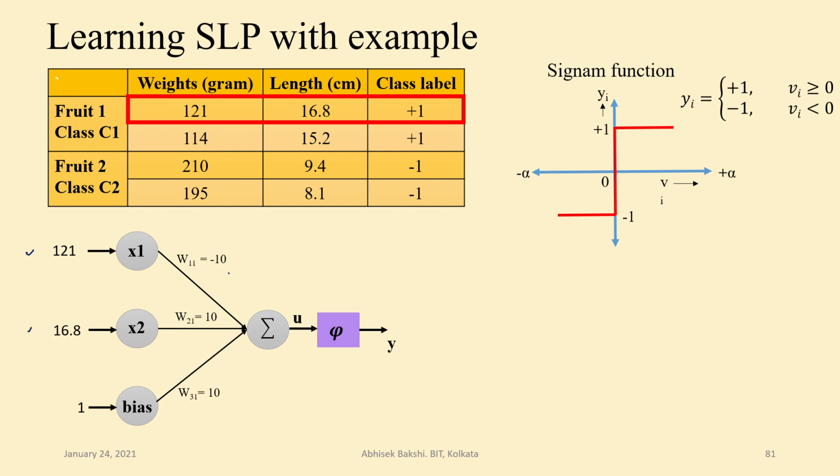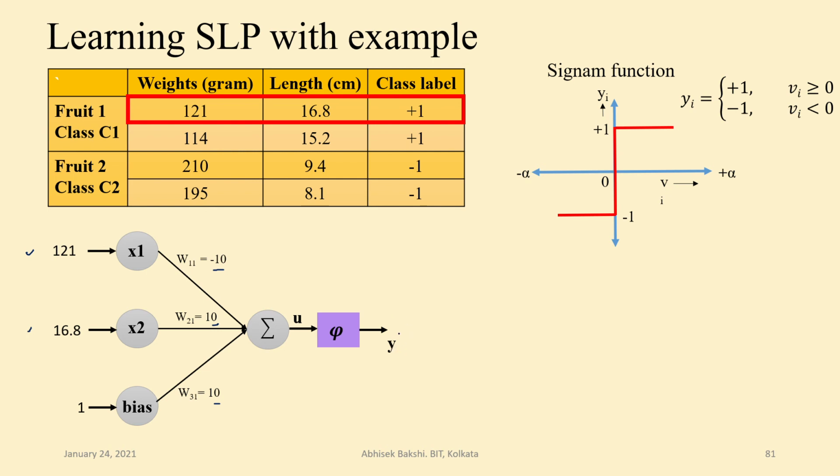I don't know what the exact values of w11, w21, w31 should be. So you can see I have just taken -10, +10 and +10 as arbitrary values. I have only one output because the class level is defined by a single scalar value, so I have kept only one output y.